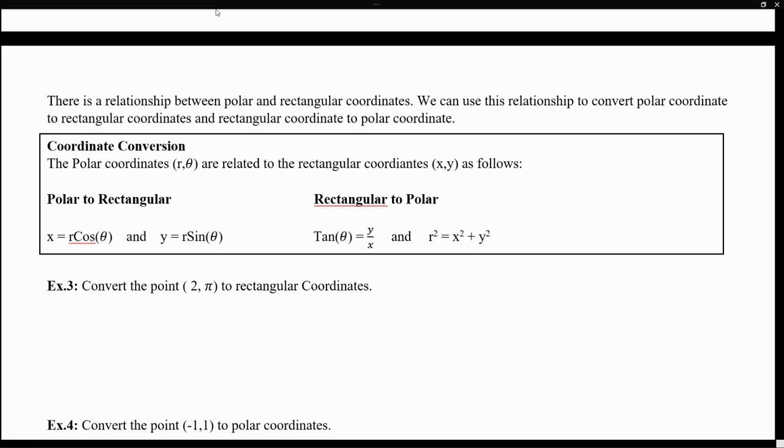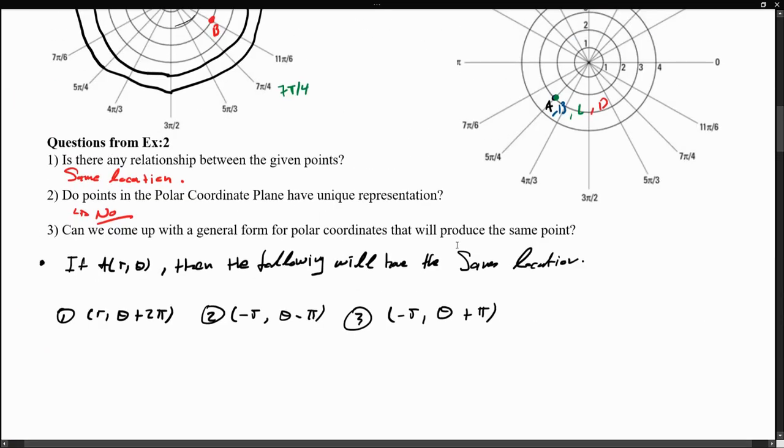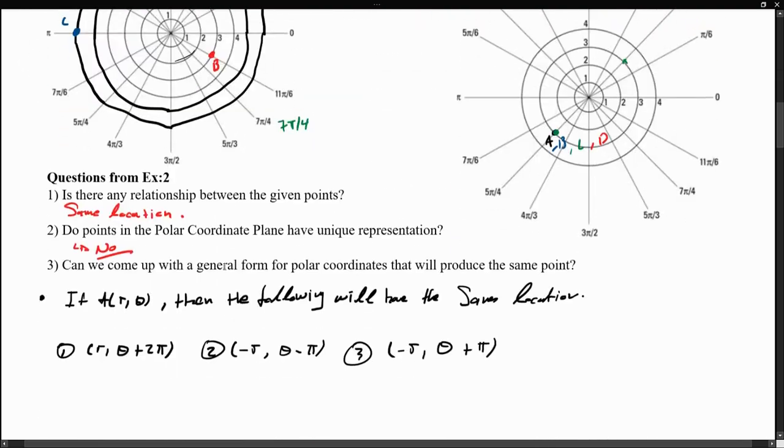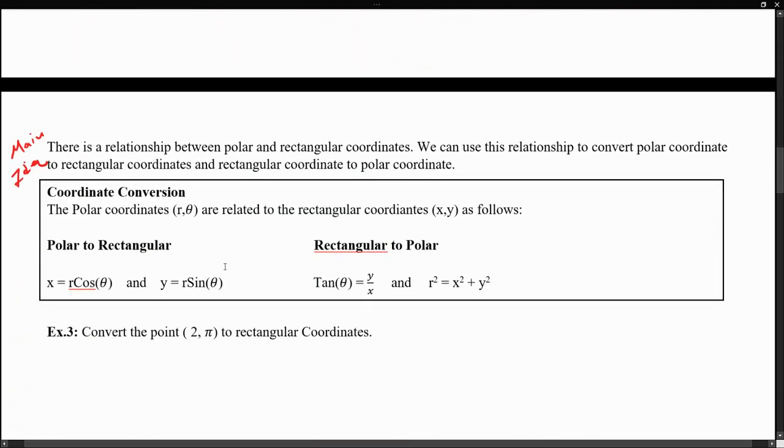Now, let's actually dive deeper into the actual main idea for this lesson. So what we have discussed so far is how do we understand the polar coordinate system and how can we plot points in the polar coordinate system. But now, is there a way to go back and forward between them two?